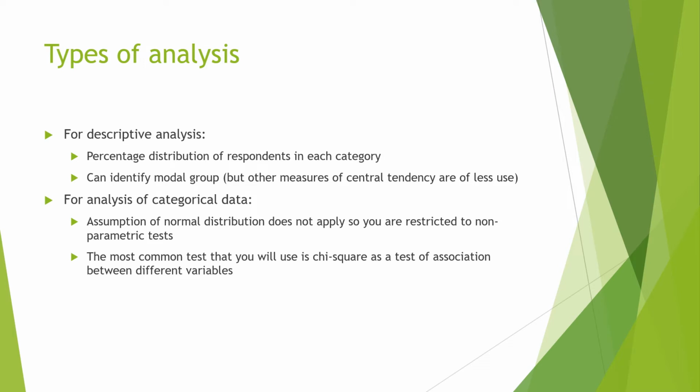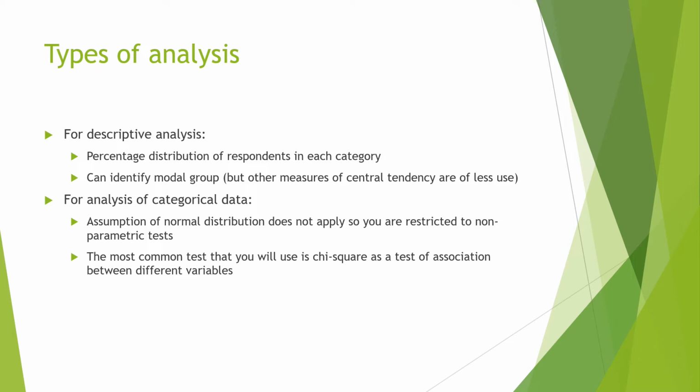Now you will have learned an awful lot about measures of central tendency, such as mean, median and mode, but those measures of central tendency are not really of any relevance for most data collected through a questionnaire, as these tend to be categorical. You can sometimes identify a modal group, that's the most popular response to a particular question, but we're not really using those measures of central tendency. All we're really looking at is the percentage distribution.